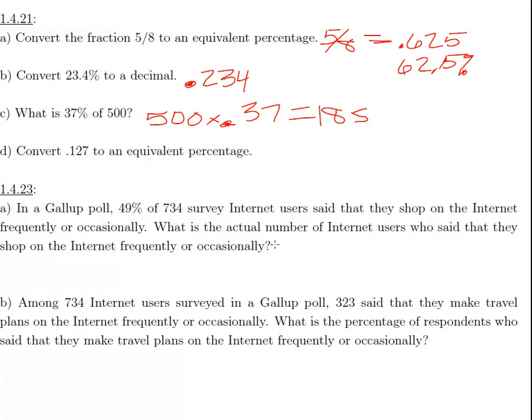And then 0.127, that's pretty easy. I just move the decimal over 2 spots, so 12.7%.